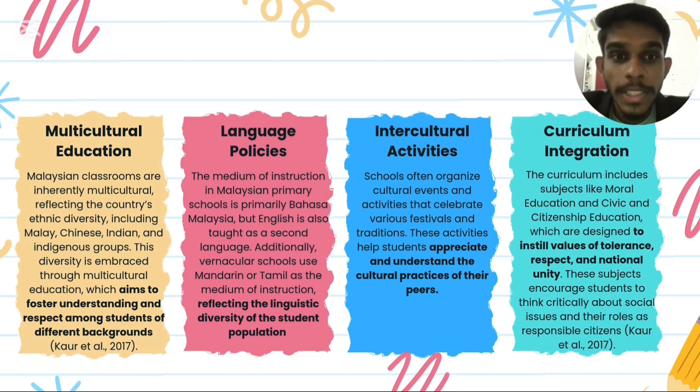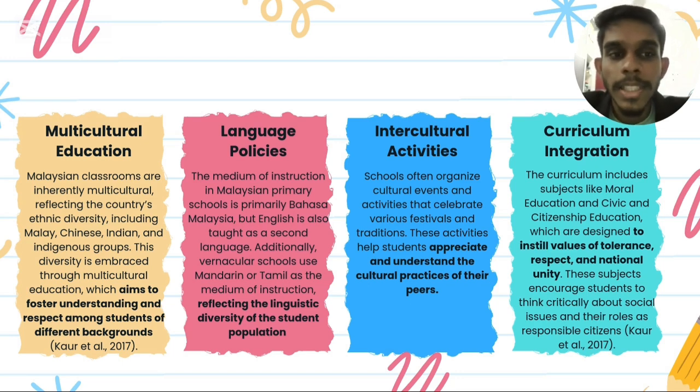The third one is intercultural activities. Schools often organize cultural events and activities that celebrate various festivals like Deepavali, Hari Raya, Chinese New Year, and traditions. These activities help students appreciate and understand the cultural practices of their peers.